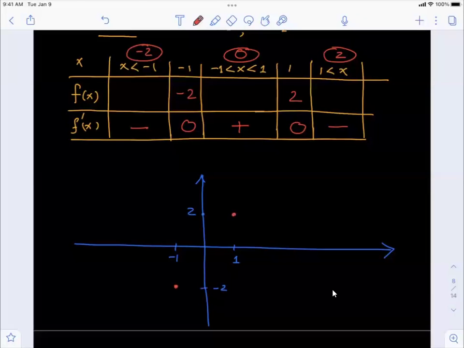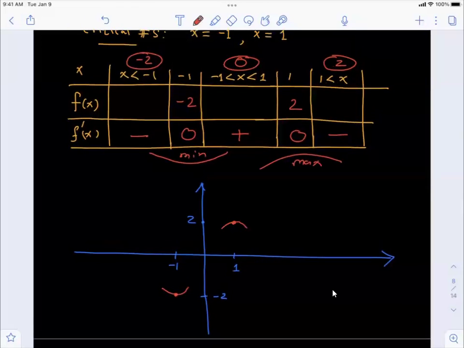Now these are 2 points. Now we can see this is like negative slope to positive slope. So this shape should be a minimum. And here around this critical number, what you're going to get is a positive to negative. So it's a max.